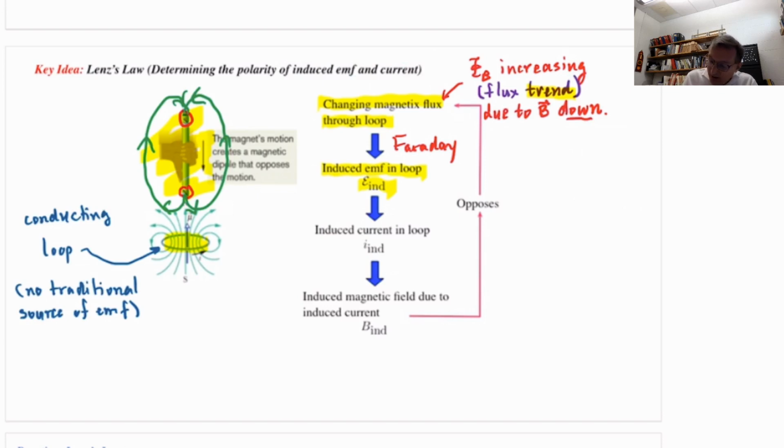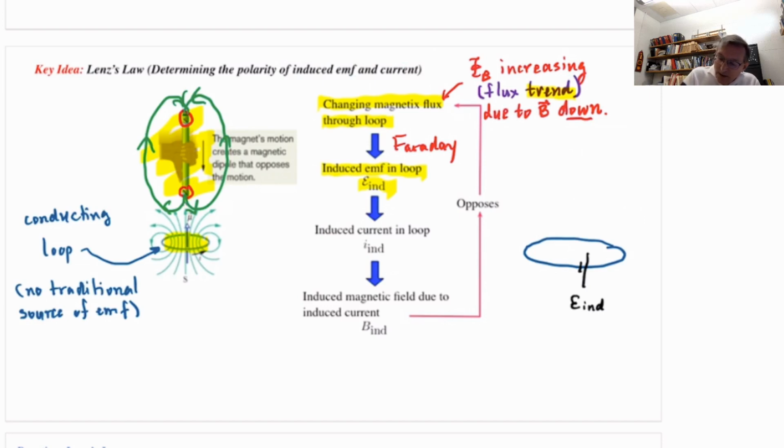All right, but now what they're telling me is that this loop, I'll draw it over here, is acting like there's a battery in it. It's acting like it, maybe like that, for example. It turns out it is like that. And it's a conducting loop made out of steel, maybe. And if I have any kind of EMF in a conducting loop, traditional or induced, I'll have current flowing.